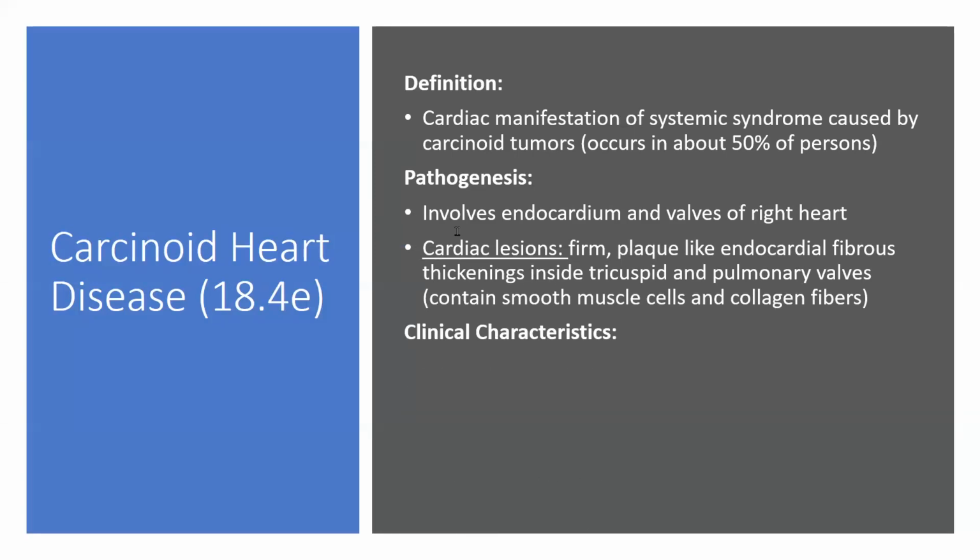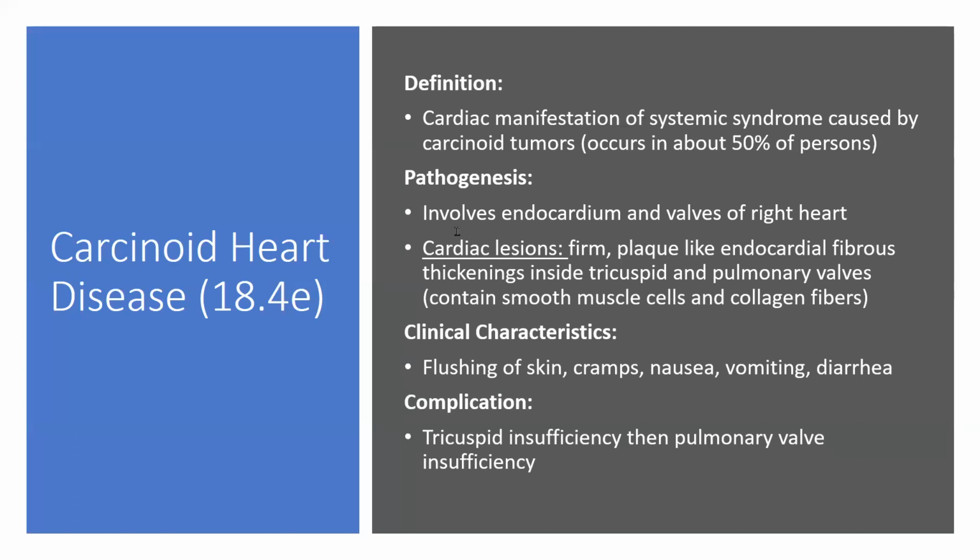These lesions have smooth muscle and collagen fibers. You can see flushing of skin, cramping, nausea, vomiting, diarrhea, and tricuspid insufficiency that can lead to pulmonary valve insufficiency. But the key point here is it's associated with a carcinoid tumor and it's associated with the right side of the heart. There's not a lot of right-side-only heart conditions, so that's why this one is more interesting or significant.